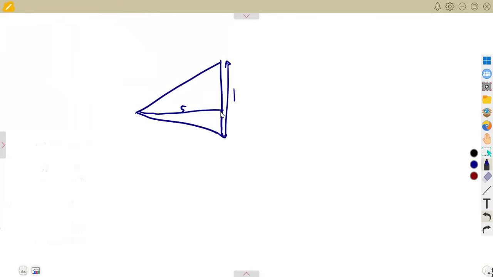So 1 is divided into 2 equal parts, so it will be 0.5 and 0.5. We talked about this. What you're going to do is calculate alpha, which is this angle, then the whole of this angle, which is theta, our included angle. So theta, the included angle, is equal to 2 alpha.